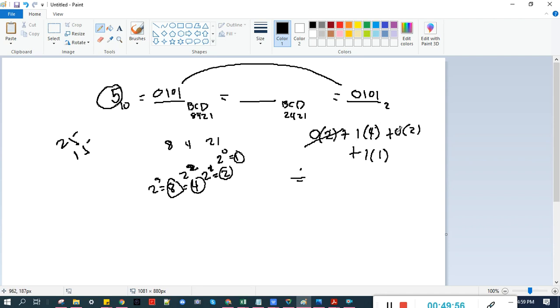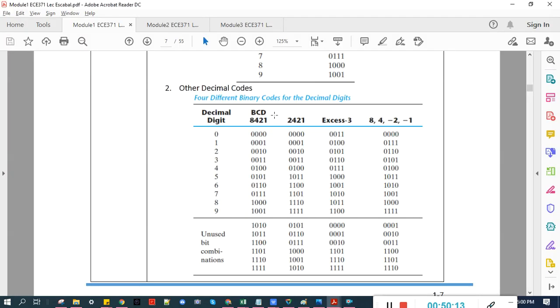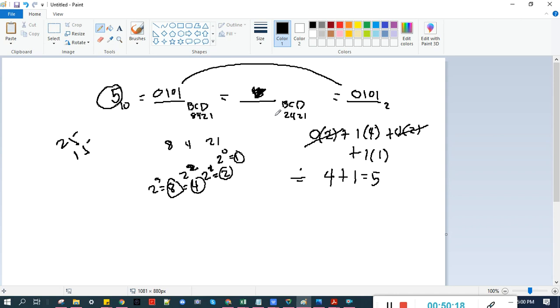This becomes 4 plus 1, so 5. So that's 5 in 2421. 011, is it?